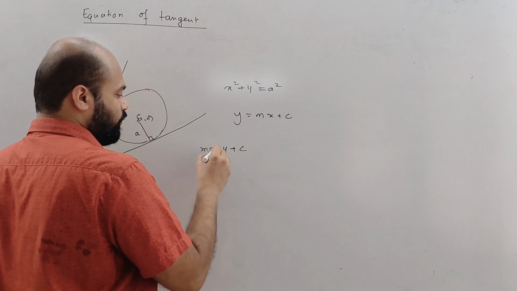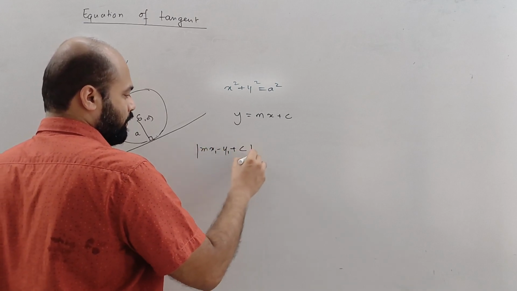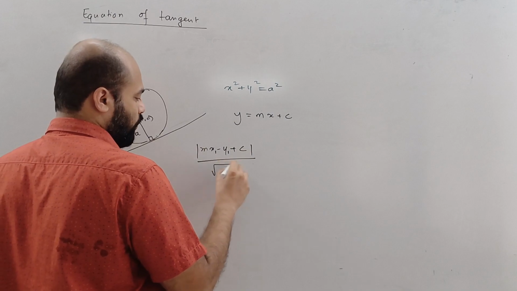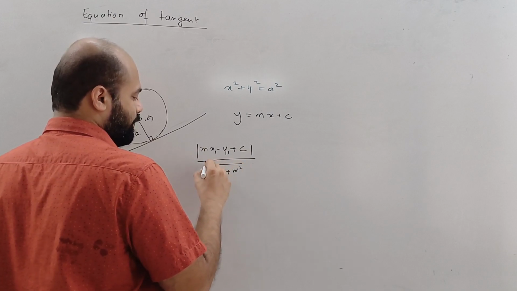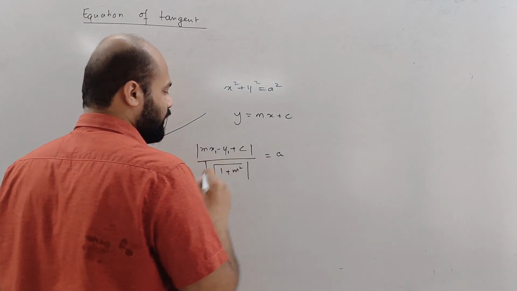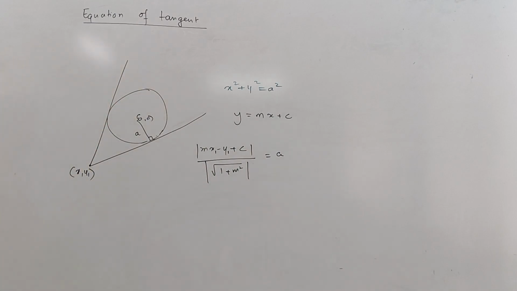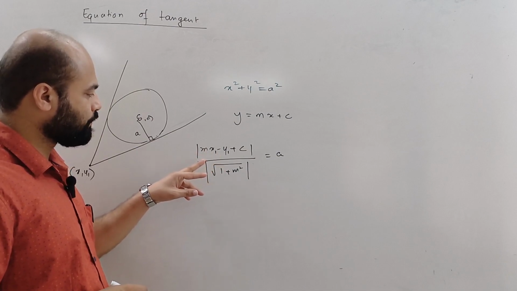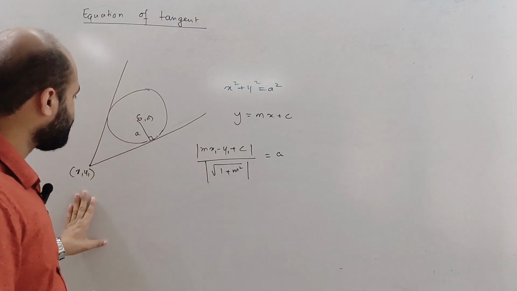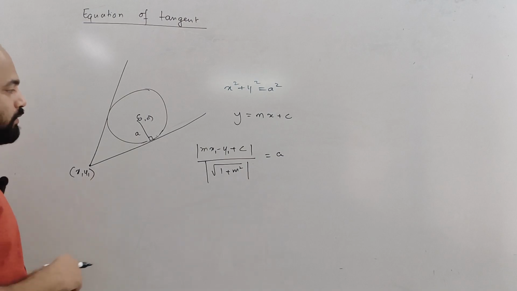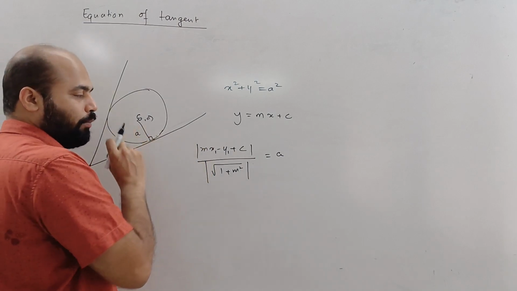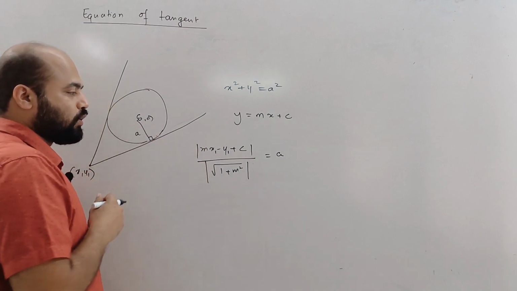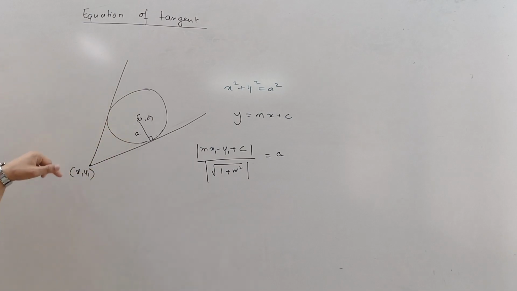In that, we have to put that point divided by root over of 1 plus m square. This is equal to the radius. That's what we have studied till now. But this x1, y1 over here is 0, 0, because we are trying to find a distance of this line from this point and not this point.